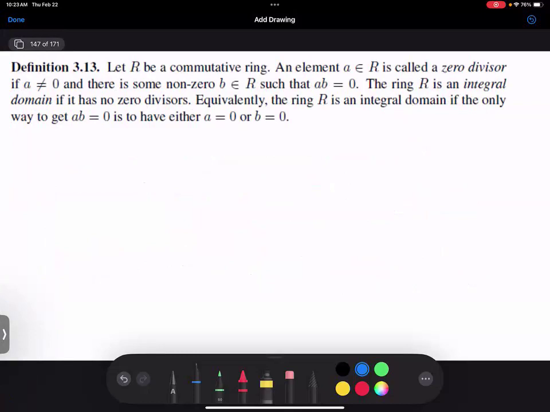So in the definition of a zero divisor, we say that there is a non-zero B such that A times B equals 0. Why do we insist that B has to be non-zero? Why can't we say there's some B such that A times B equals 0?